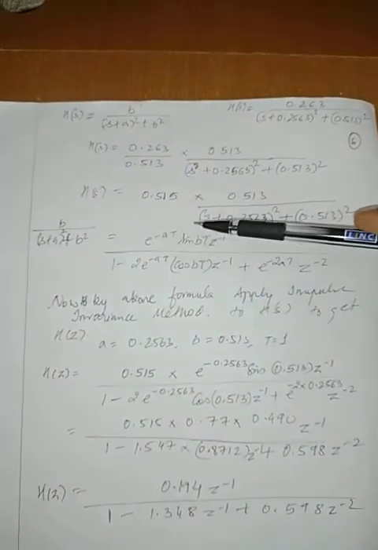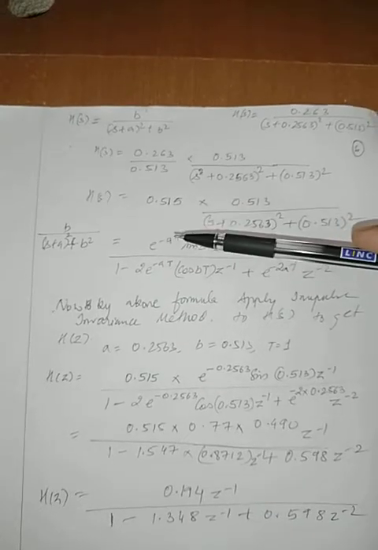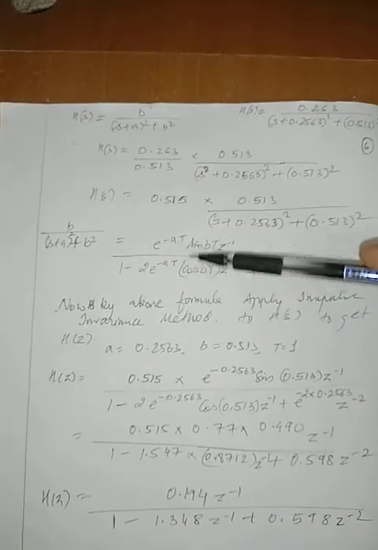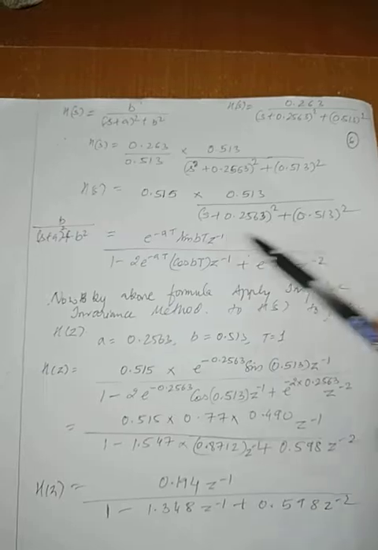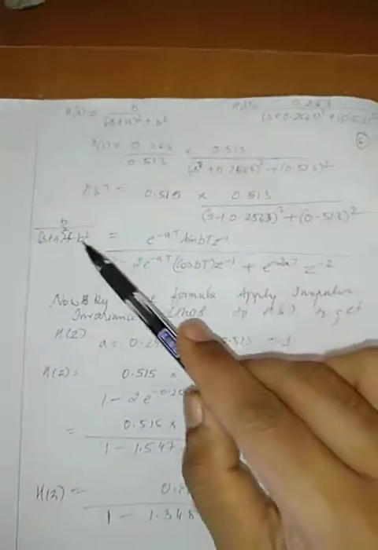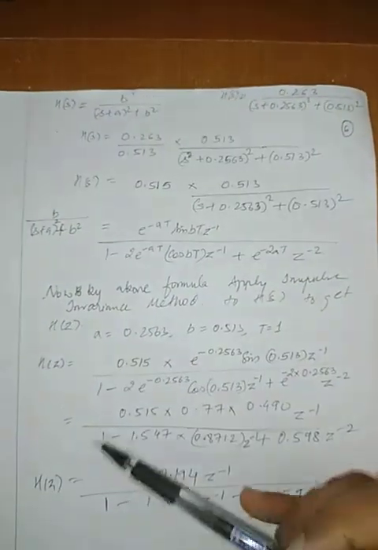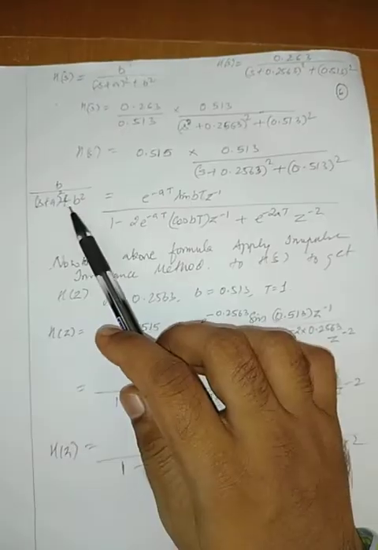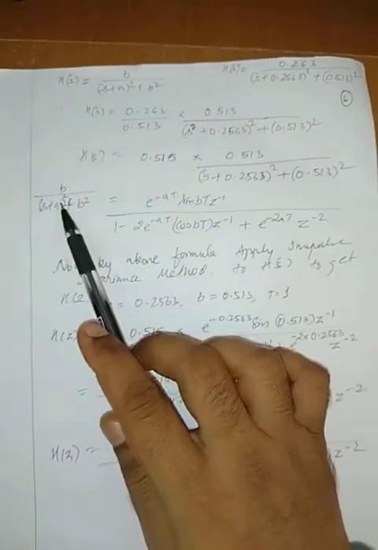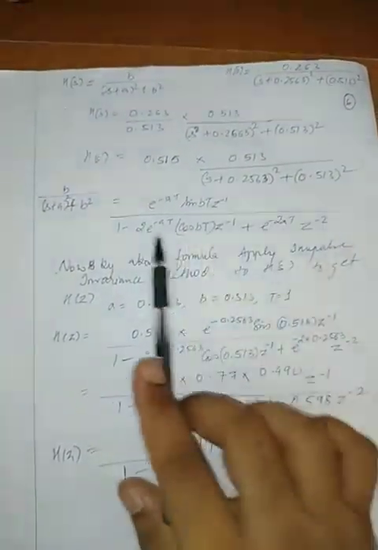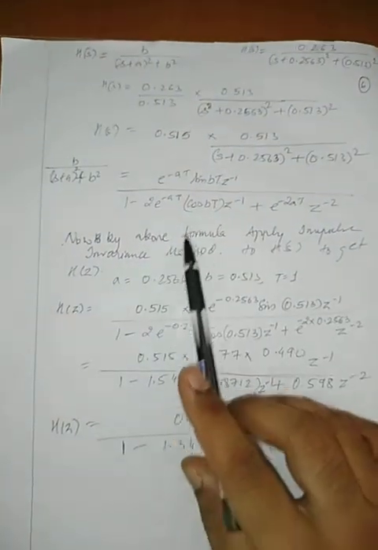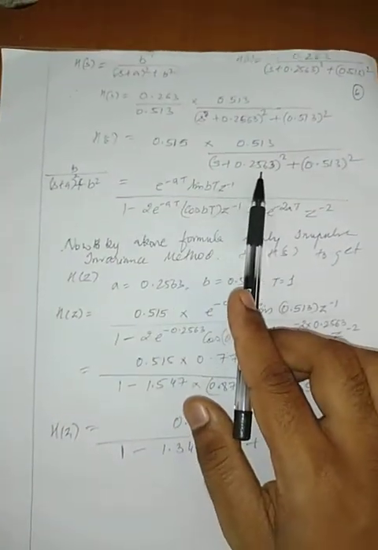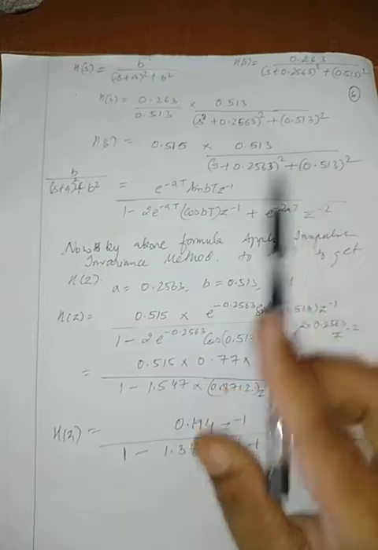Now we need to apply the impulse invariance method to get H of z. This is the impulse invariance technique, or by the standard expression we can get the answer. If you keep the expression in this format, then we can get the answer directly from this part. Here the value of a is 0.2563 and the value of b is 0.513.